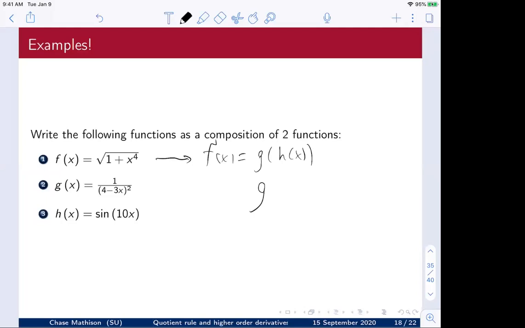So my outside function is the thing that looks like it's on the outside, the square root of x, right? So we're going to say g of x is the square root of x. My inside function is just the stuff inside of the square root. h of x is 1 plus x to the fourth.